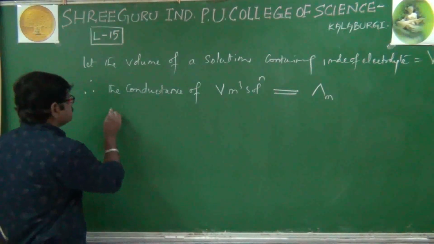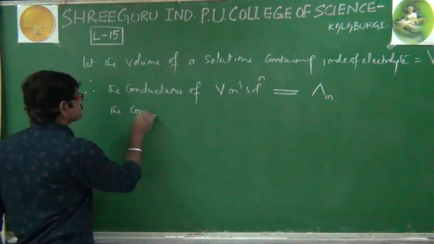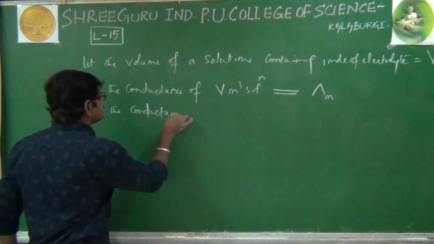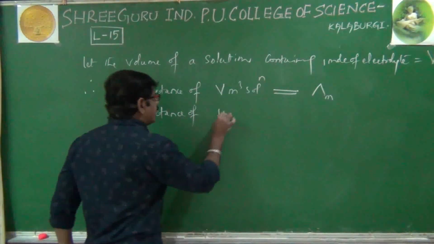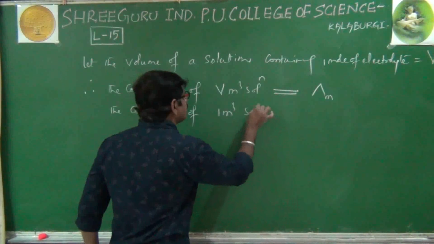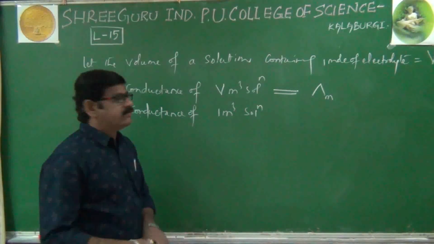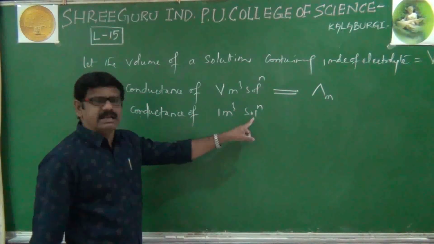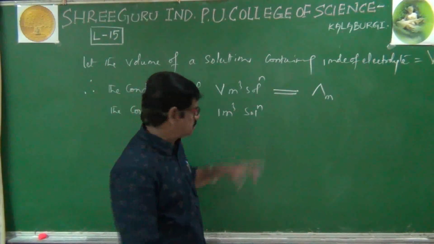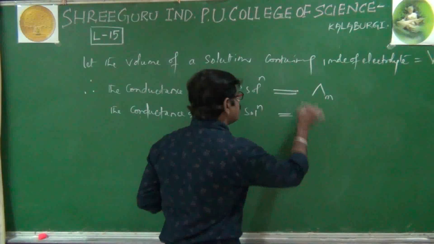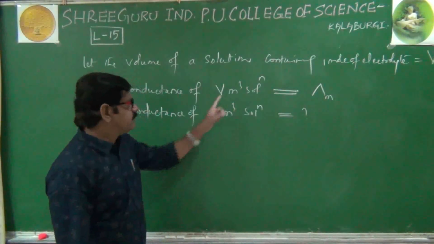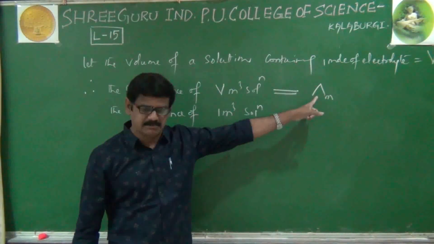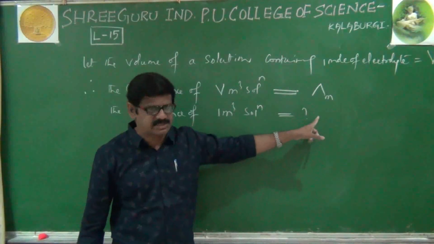Now we need the conductance of 1 meter cube volume of solution. For V meter cube, we have lambda m, the molar conductance. For 1 meter cube, how much is it?